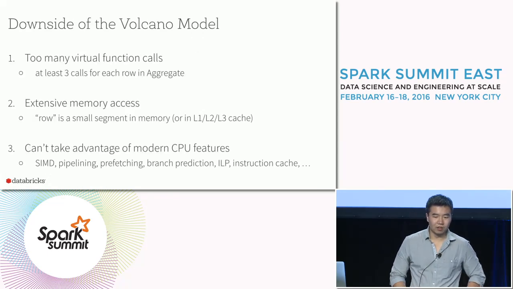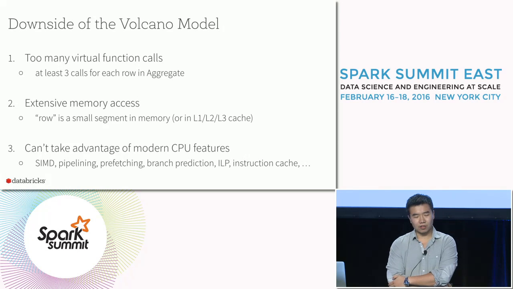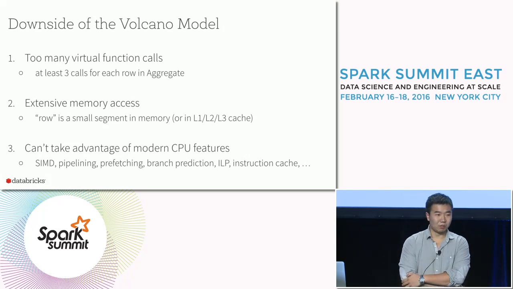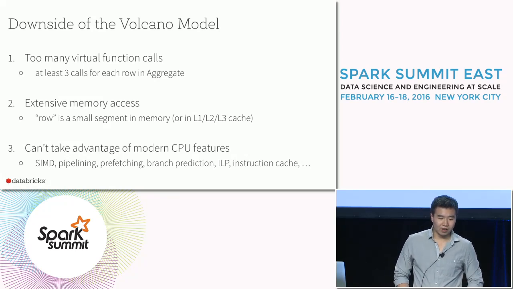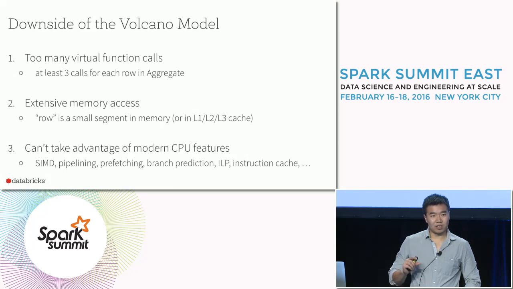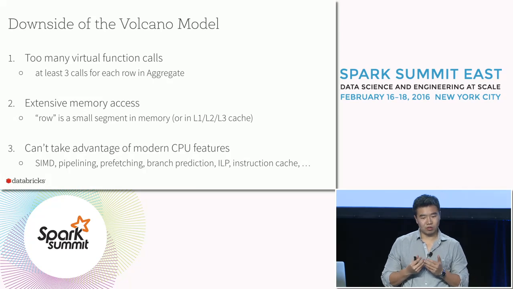Here are some of the downsides with respect to performance of the iterator model. First, there are many virtual function calls, meaning you're agnostic to the operator below you. You don't know where the row is coming from, so at runtime it's all dynamic dispatching, and it's unable to take advantage of some of the other modern CPU techniques. The second is that there's a very standard row format that exists between all the operators, and that means writes to main memory.